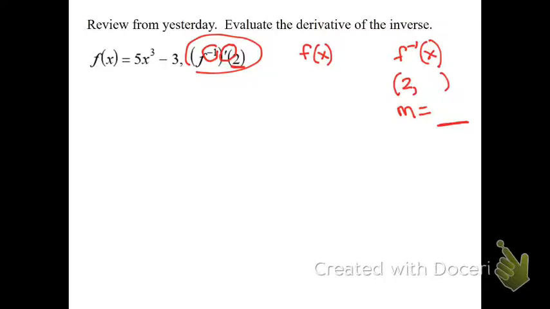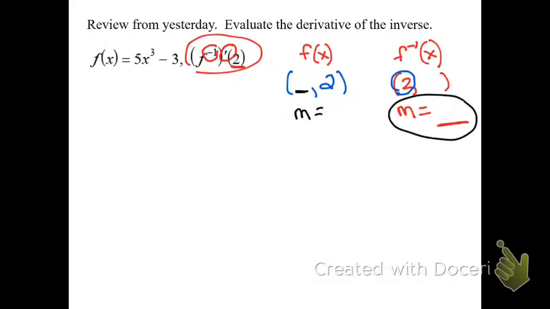Based on yesterday's lesson, if this is my x-coordinate on the inverse, then it's really the y-coordinate on the original. I need to now find the x-coordinate here and the slope there, but that won't be the answer. I'll have to flip it to get the slope of the inverse.